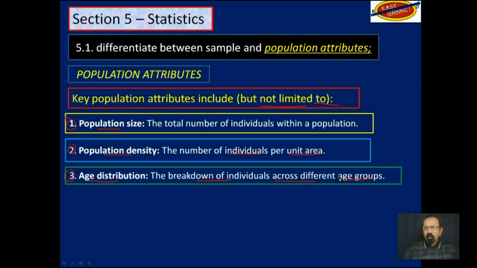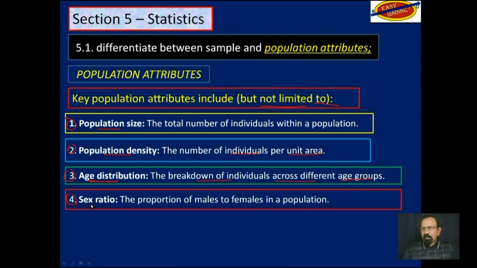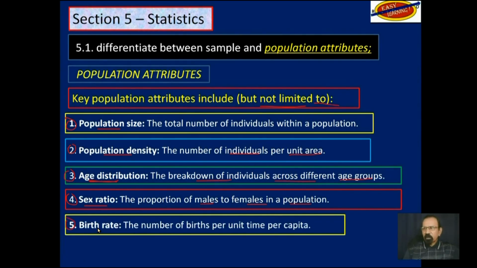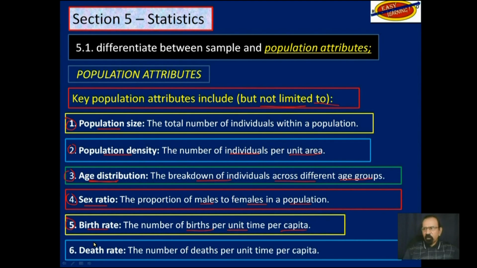Let's say children under 12, youths 12 to 18, young adults 18 to 30, 40, and so on. 4th, sex ratio, the proportion of males to females in a population. 5th, birth rate, the number of births per unit time per capita. And the last one we will be looking at is death rate, number of deaths per unit time per capita.